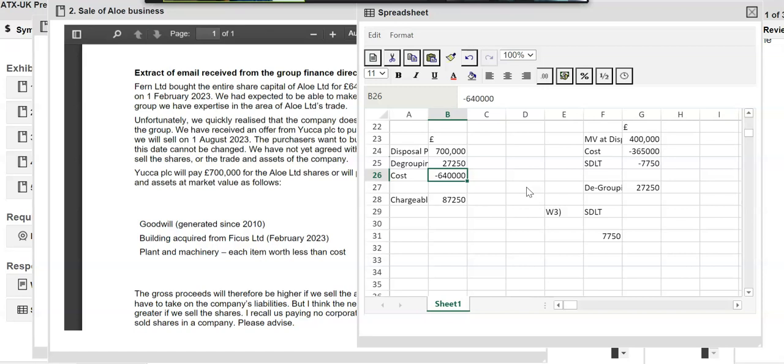And also the stamp duty land tax. There are some marks for this. Okay? Is it clear now, Samantha? Any confusions in this part? Sure?